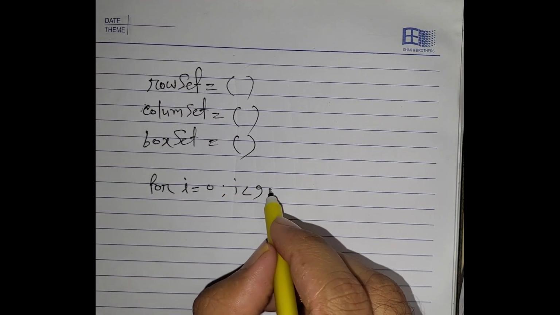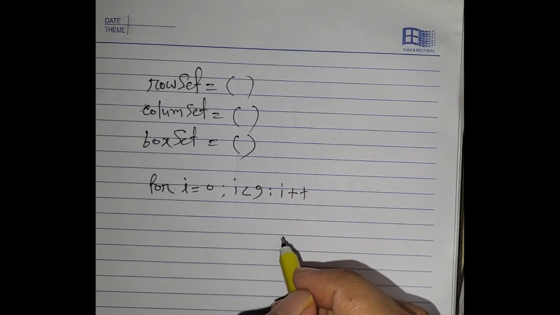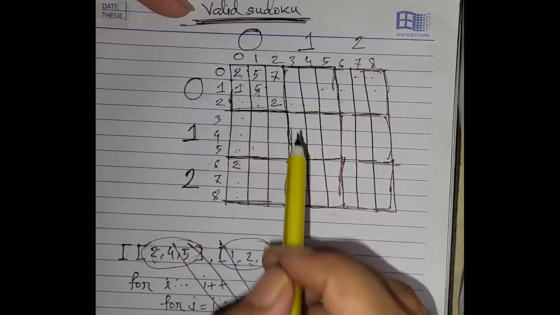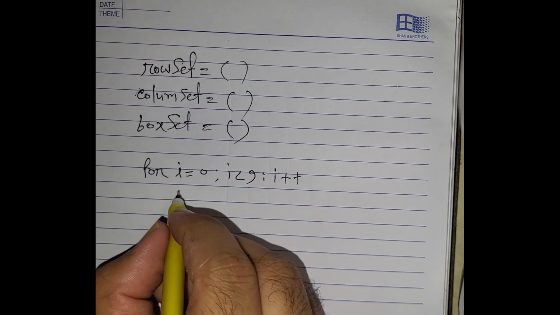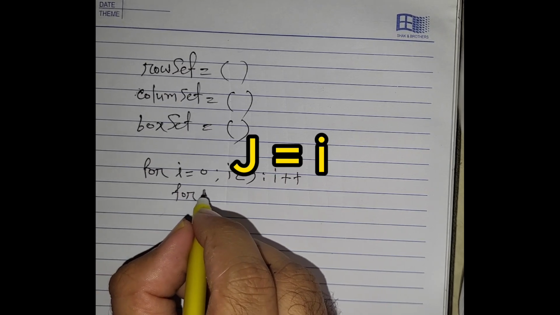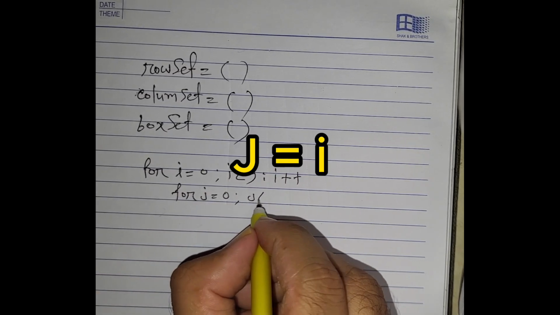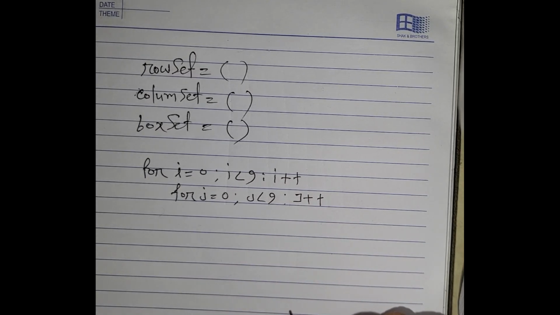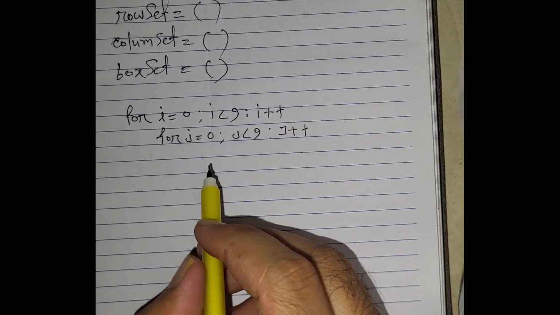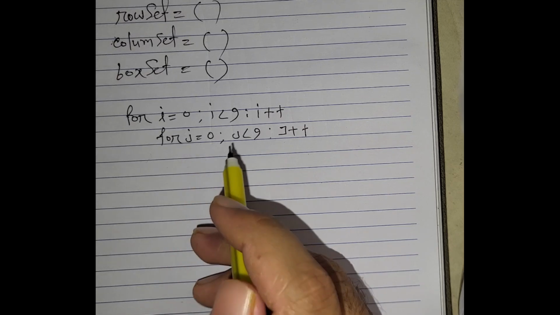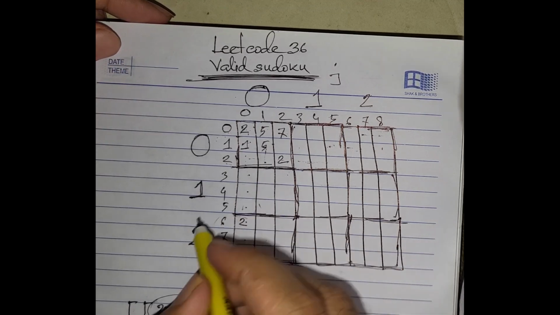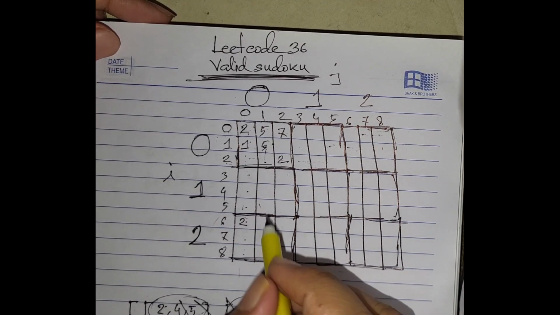So i less than 9, i plus plus. And then for each value inside those arrays, I will run another loop. For j equal to 0, j less than 9, j plus plus. Why j less than 9? Because we also have 9 items in our column. Okay, so j is giving us the column number, and i is giving us the row number.